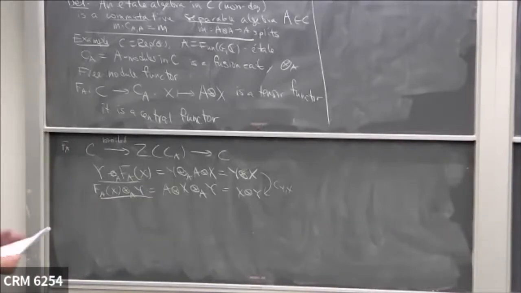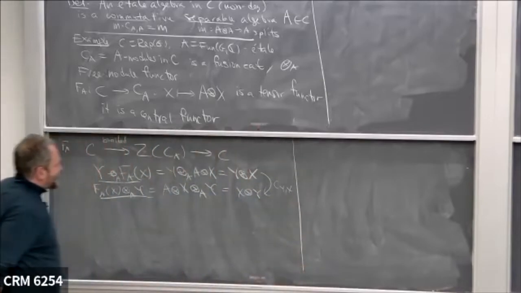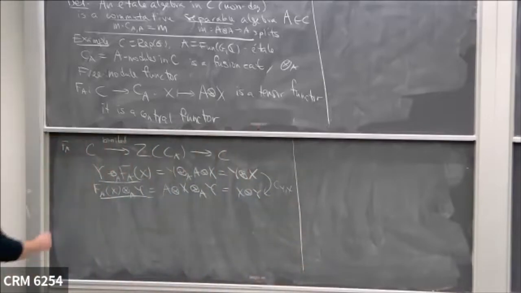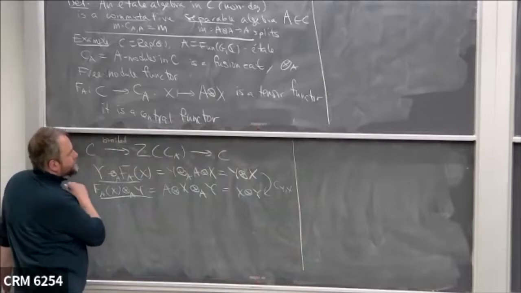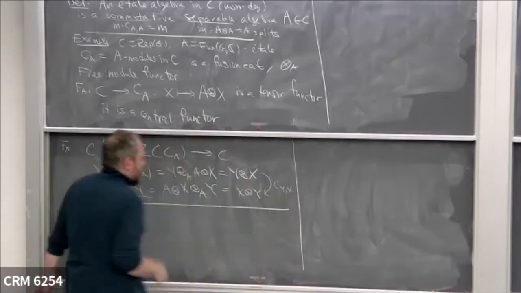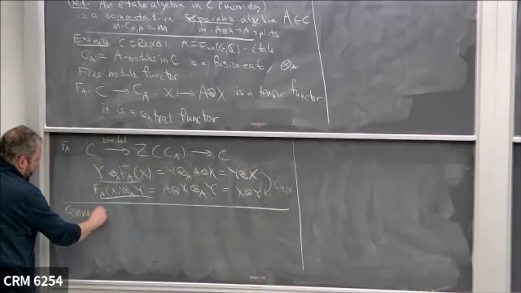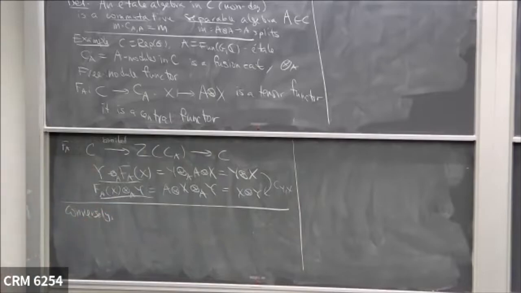All right. Now, it turns out that that's actually something that characterizes Etale algebras, kind of using these braidings. So conversely, you can recover an Etale algebra from every central functor.